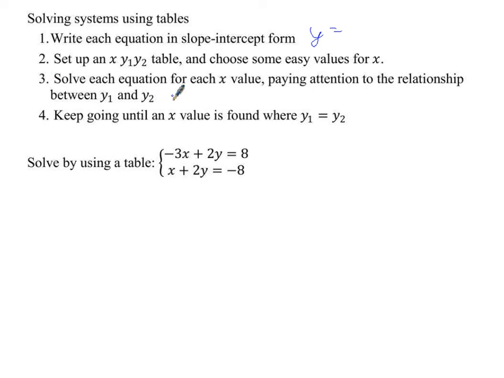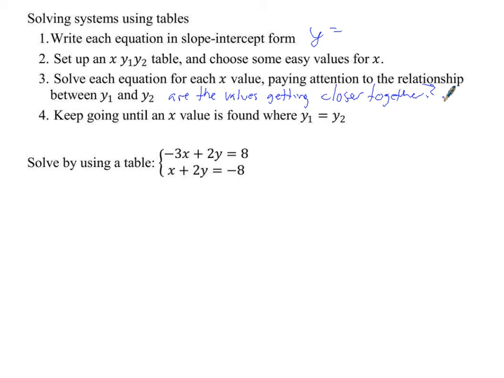So I'm going to ask a question here. Are the values getting closer together? As I plug in x values, are my y values becoming closer together, or are they getting farther apart?